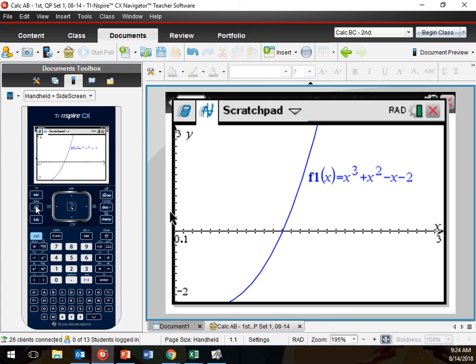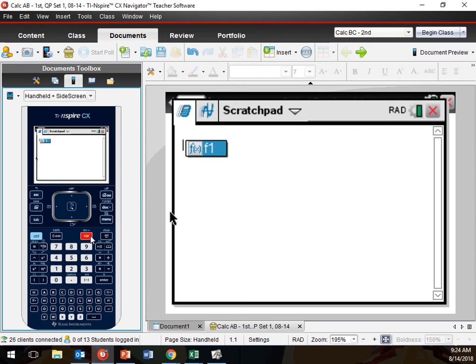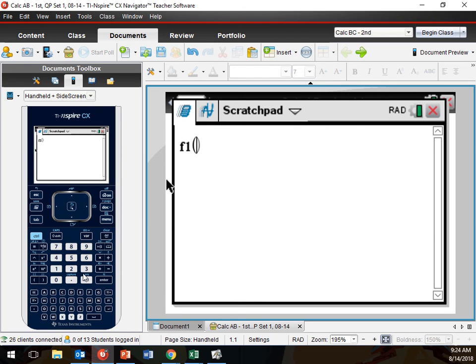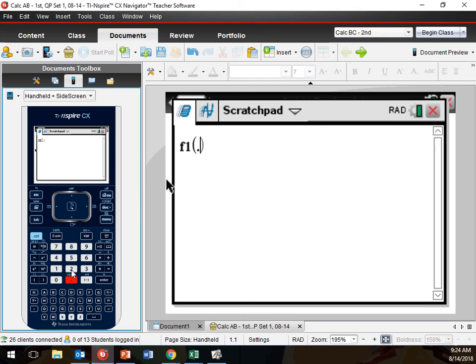So I'm going to go over here to vars, function. And if it's between 1 and 2, let's go 0.5. Is that enough? No, it's still low, right? Because f of 1 gives me negative 1, and 0.5 is negative 2.